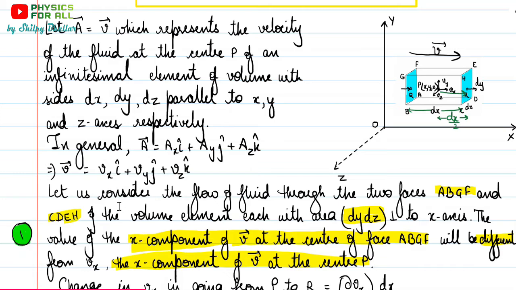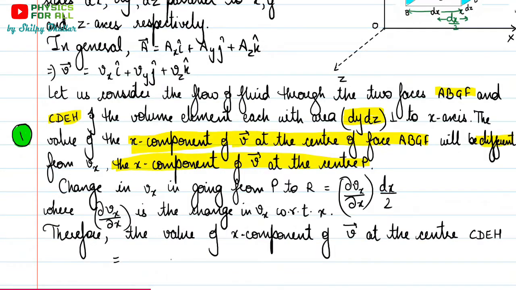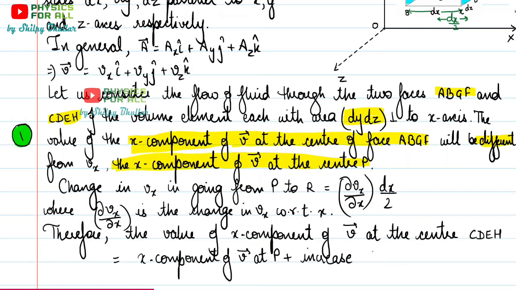We have to take the value of the x component of V at P, and then add the increase in the value of the x component of V from P to R. So we write the x component of V at P plus the increase in this value from P to R.